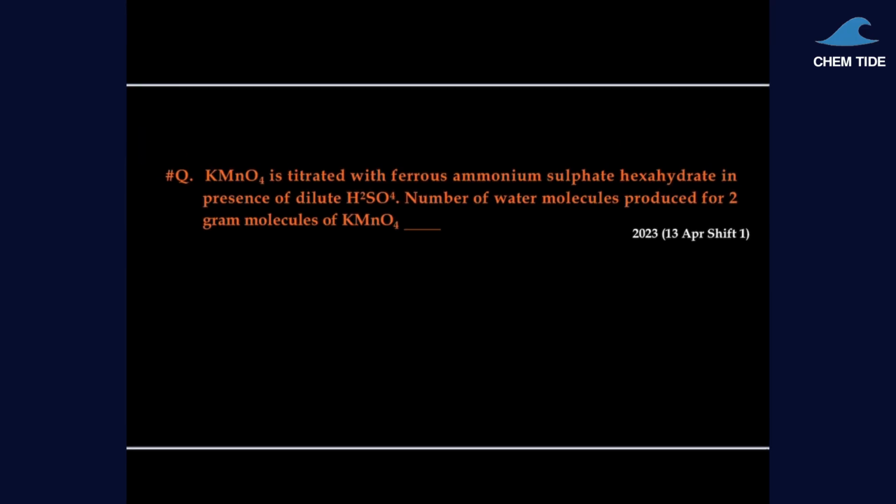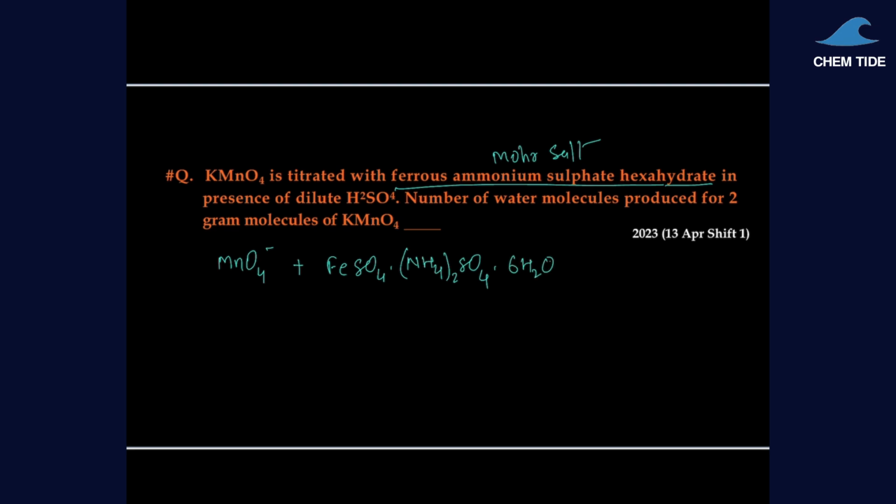This question, KMnO4 is titrated with ferrous ammonium sulfate hexahydrate. Basically it's a Mohr salt. So MnO4 minus, when you are treating with the ferrous ammonium sulfate, this is ammonium sulfate, and hexahydrate means 6 of H2O.